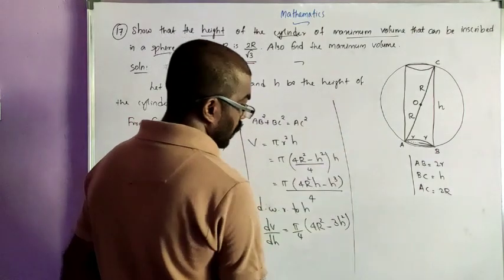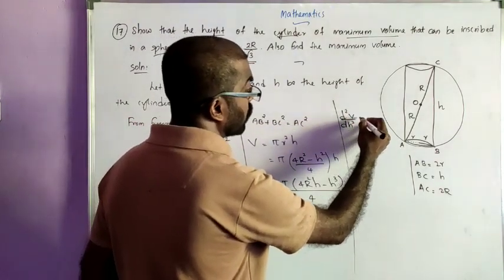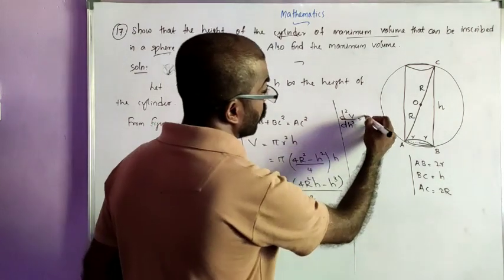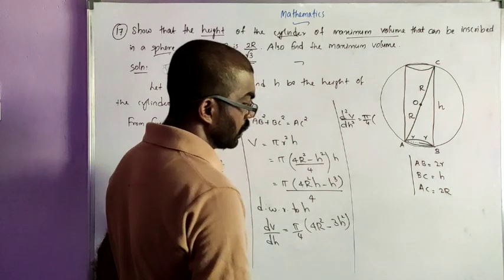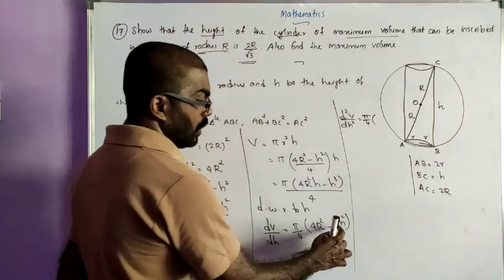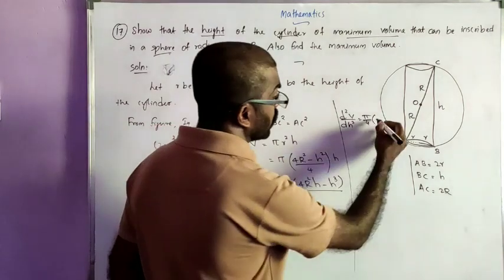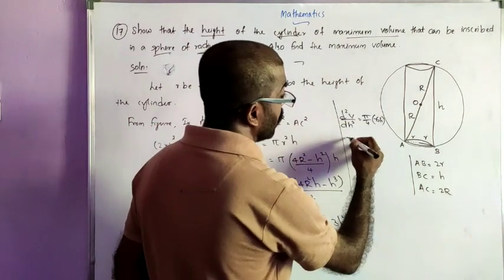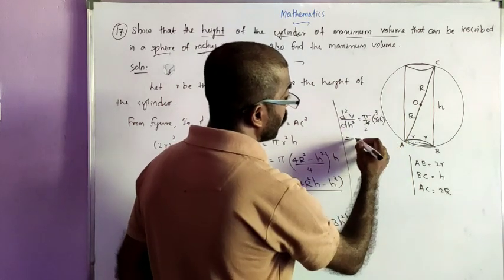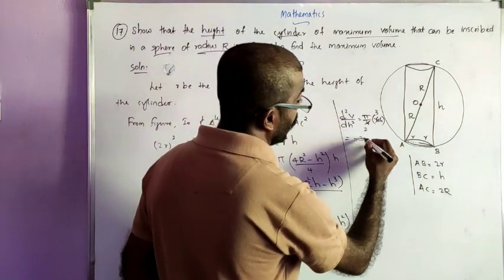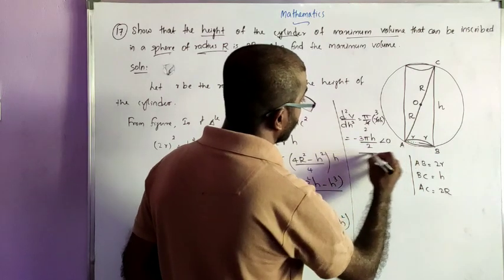And we can find the second order derivative, d square V by dH square, is equal to pi by 4 into 4R square, which is a constant so derivative 0, minus 3 into H square, derivative 2H, so minus 6H. We can cancel the 2 and 3, giving minus 3 pi H divided by 2. Clearly it is less than 0.